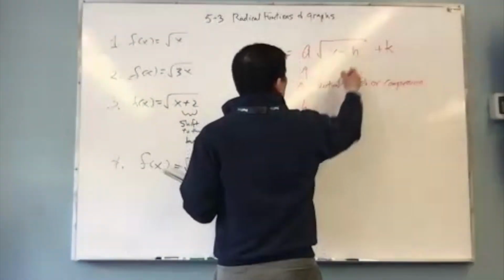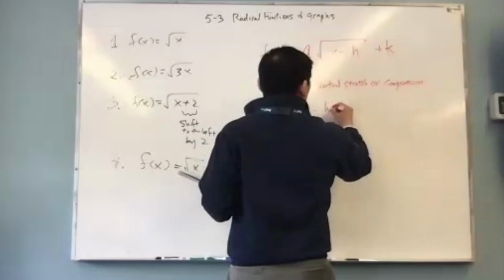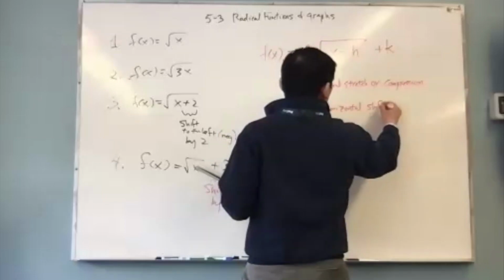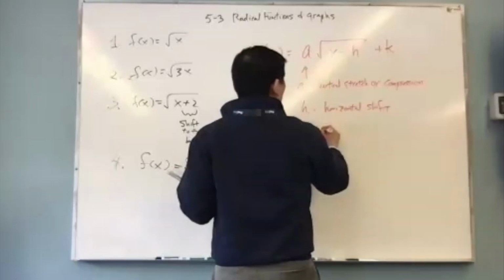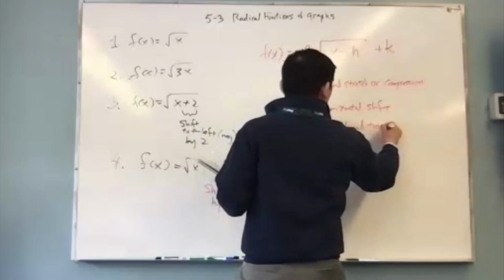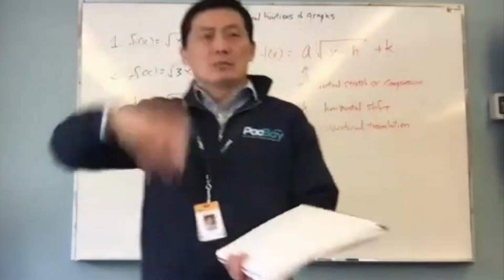H, this will be the horizontal shift, and then k will be the vertical translation, up and down. It puts the graph up and down.